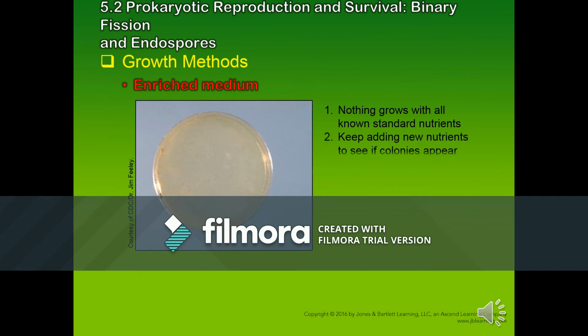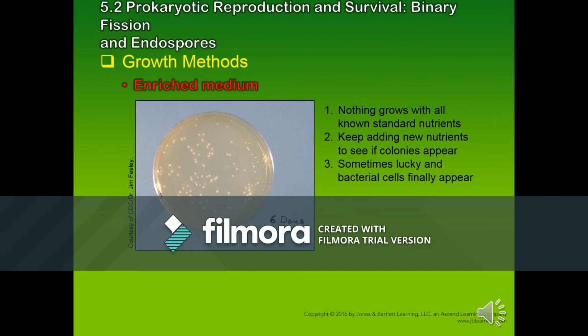And then you selectively add new nutrients until you can get a cell to appear. Sometimes you can get lucky and find this one time. It can be quite easy.